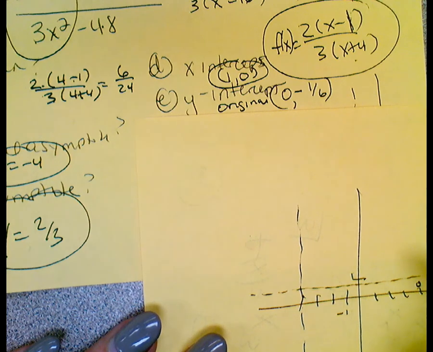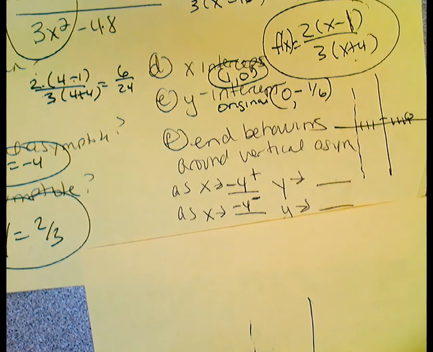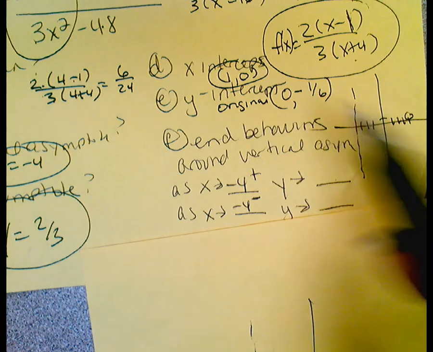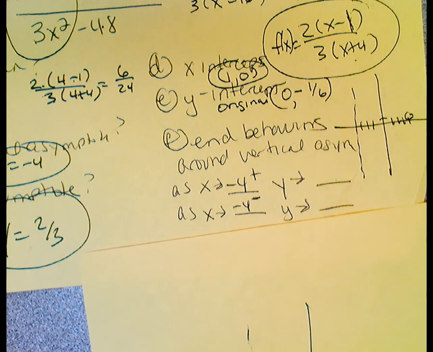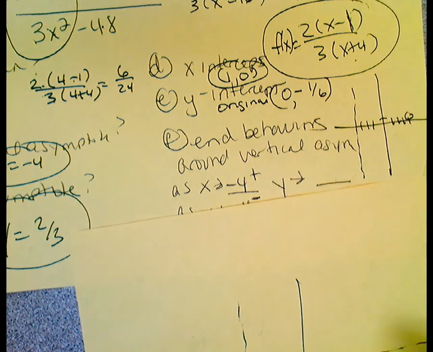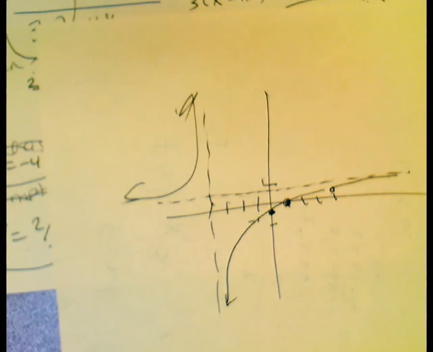We have an x-intercept of 1, 0. We have a y-intercept of 0, negative 1/6. And you would just need a couple other points to finish this off. Figure out the other points. I'm not going to do exact ones, but that's what it looks like.